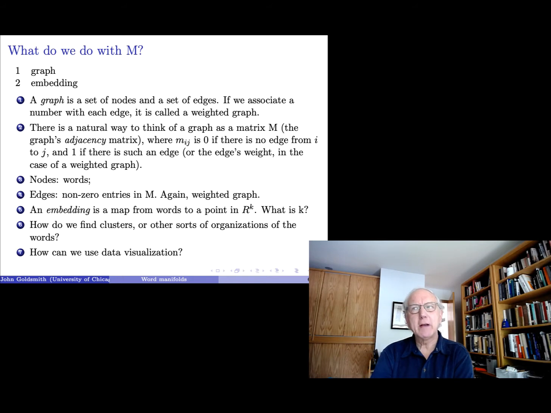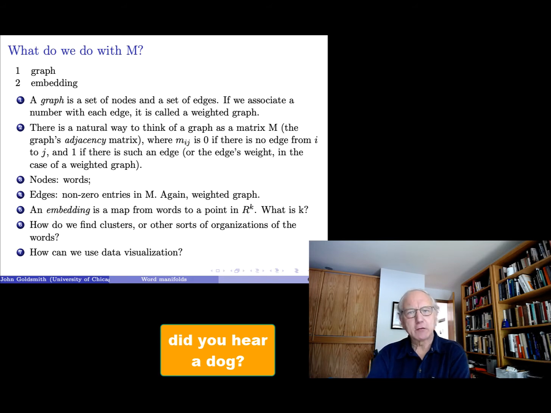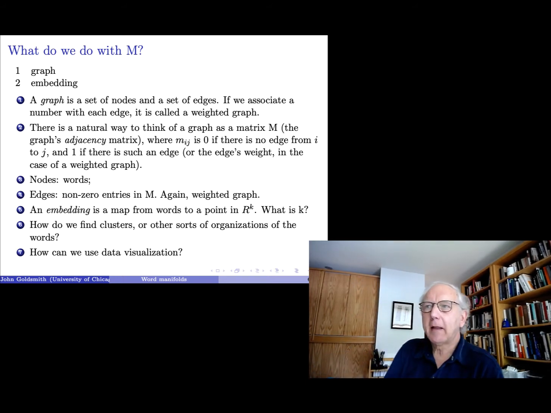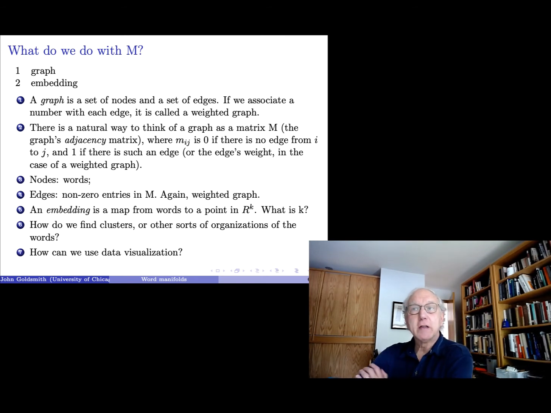There's a natural way to think about a graph as a matrix, M, let's say, and the way that's most natural is what's called its adjacency matrix. What that simply means is that each node corresponds to a row and a column. M sub ij is 0 if there's no edge from i to j, and having no edge is the same as having an edge with a weight 0 if there are weights.